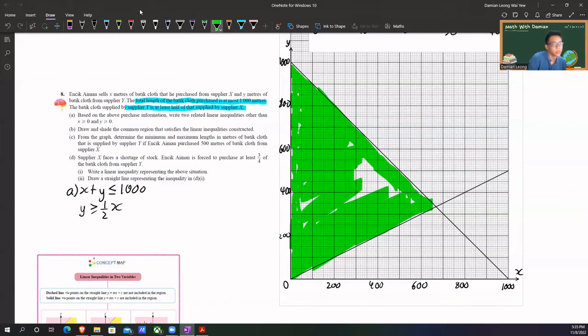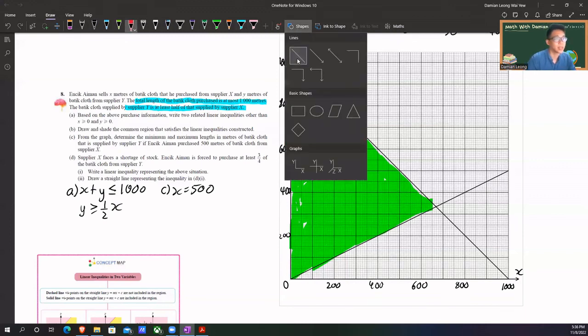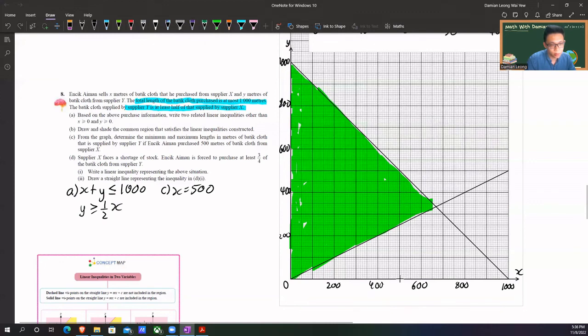Once you do that, then we can look at parts C and D. Part C: from the graph, determine the minimum and maximum lengths in meters of batik cloth supplied by supplier Y if Encik Aiman purchased 500 meters from supplier X, which means X is 500. Similar to the question just now, just look at when X is 500, which will be here.